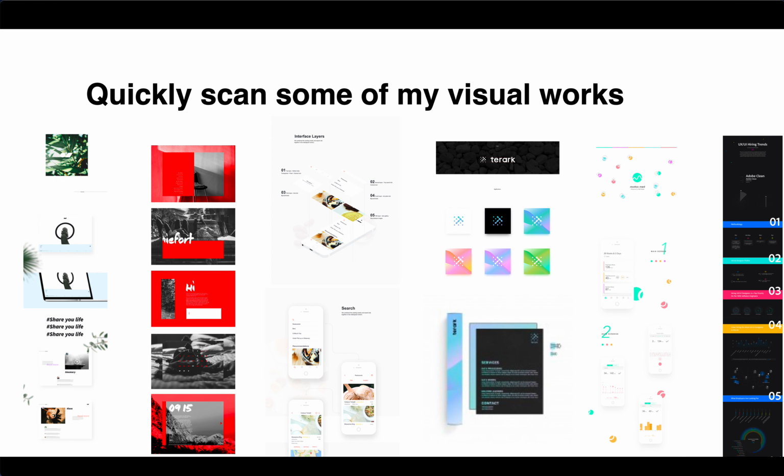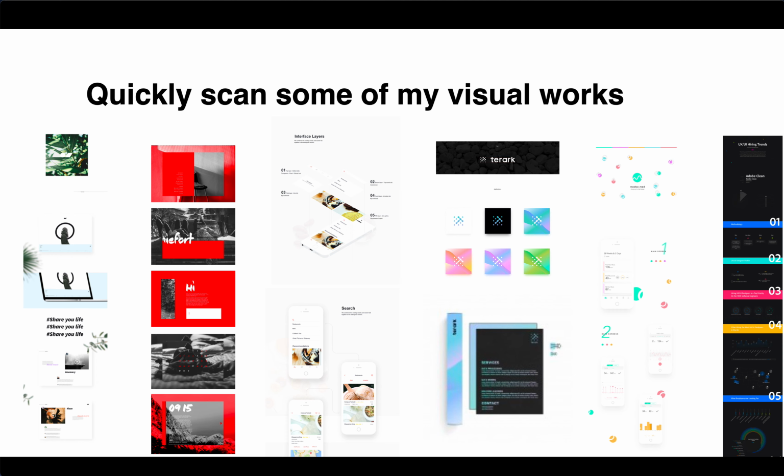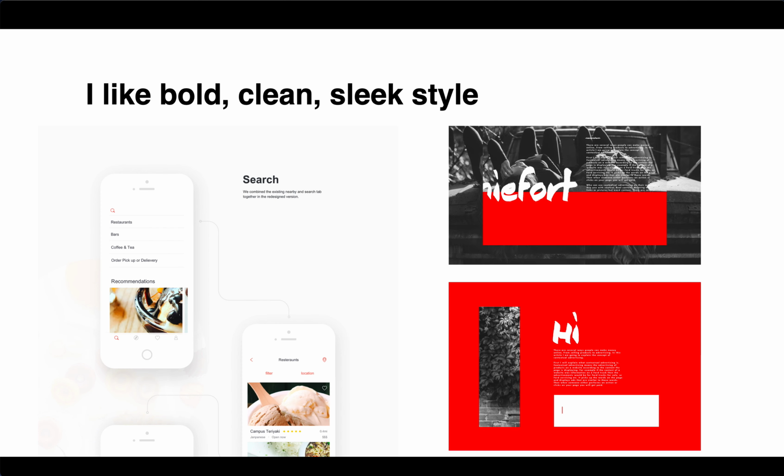Let's continue. Okay, let's quickly scan some of my visual work because I want to indicate I have visual design skill. You can see there is some selected visual work I had done before, and I want to say 3 things. First thing is I like bold, clean, and sleek style.